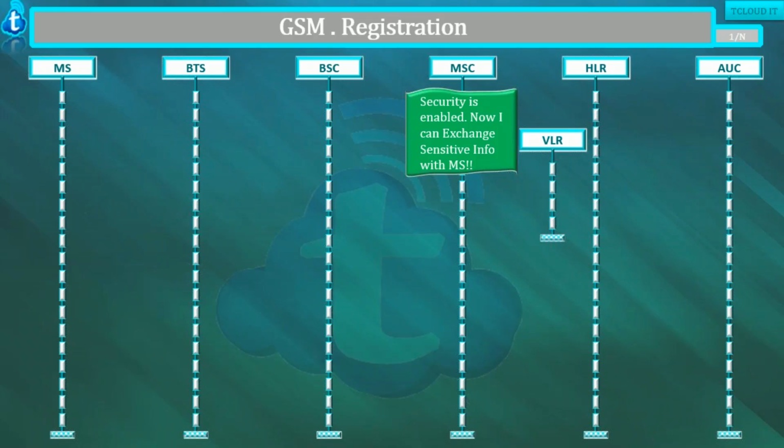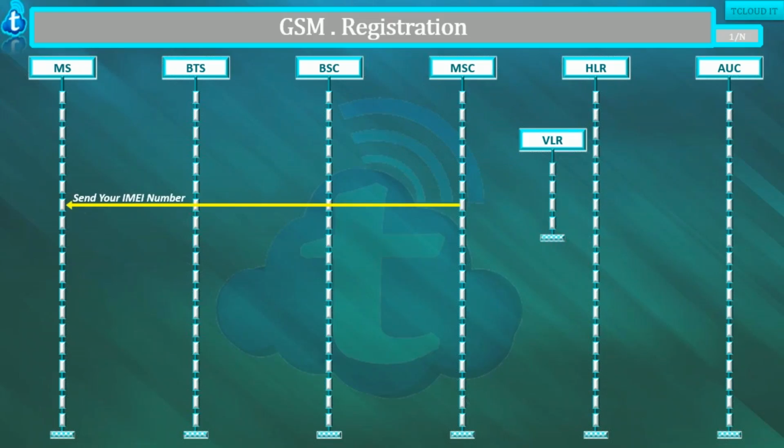Now MSC immediately goes and asks the mobile equipment, hey, send your IMEI number. I want to know your IMEI number, International Mobile Equipment Identity Number. We'll ask the mobile station.